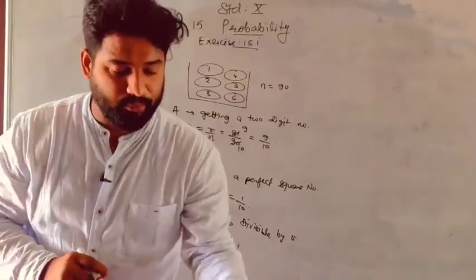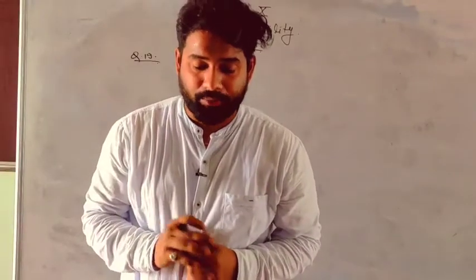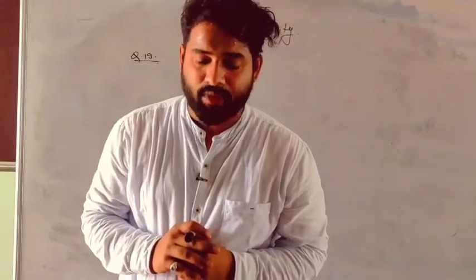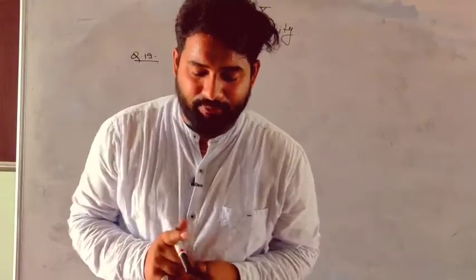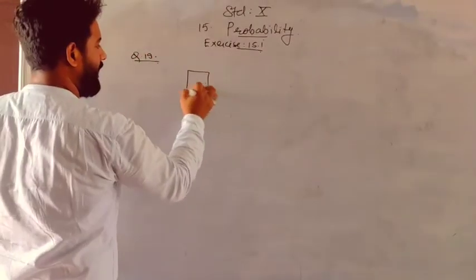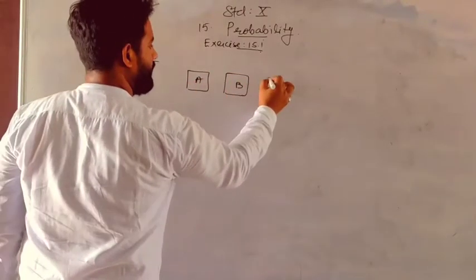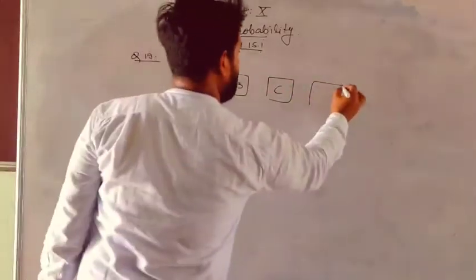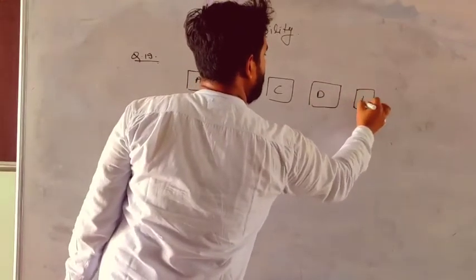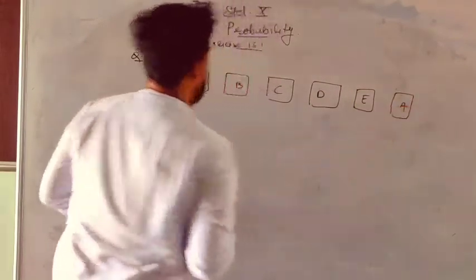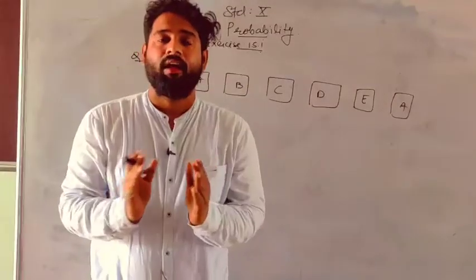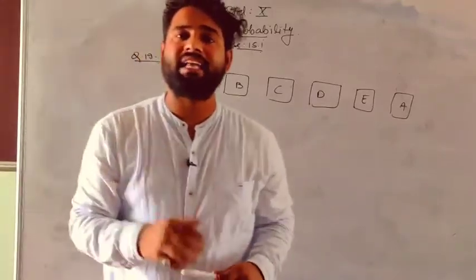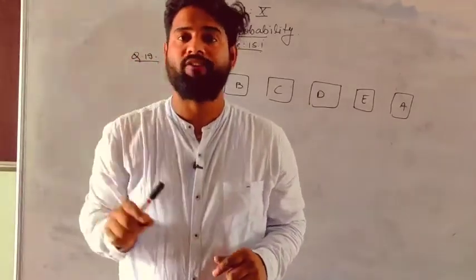Let us move towards question number 19. What does it tell you? A child has a die whose six faces show the letters given below: A, B, C, D, D, E, and A. Normally the dice you have is cubical and has 6 faces with numbers 1, 2, 3, 4, 5, 6.